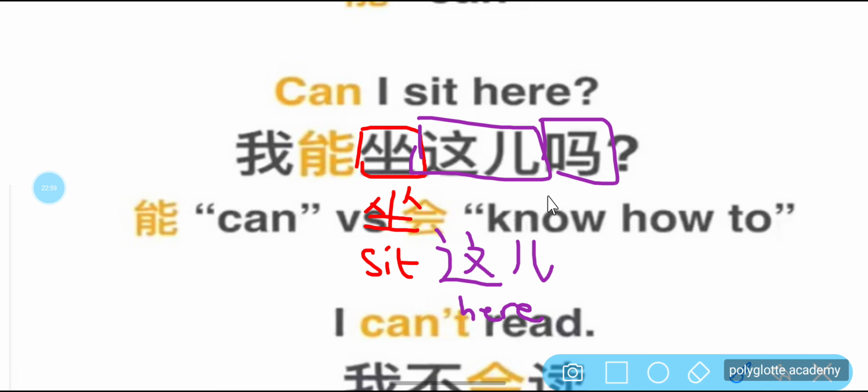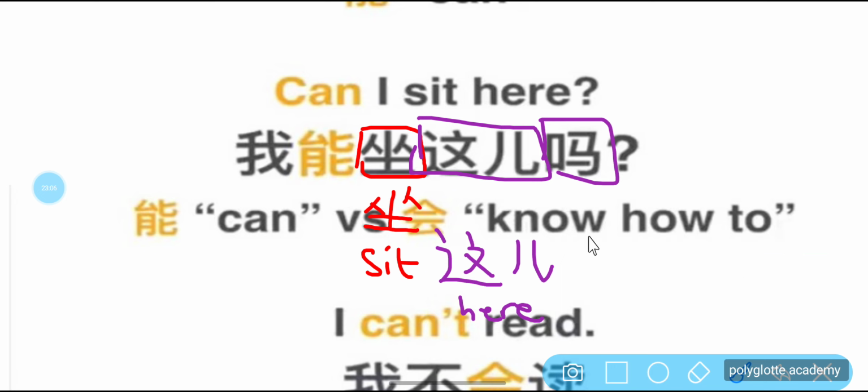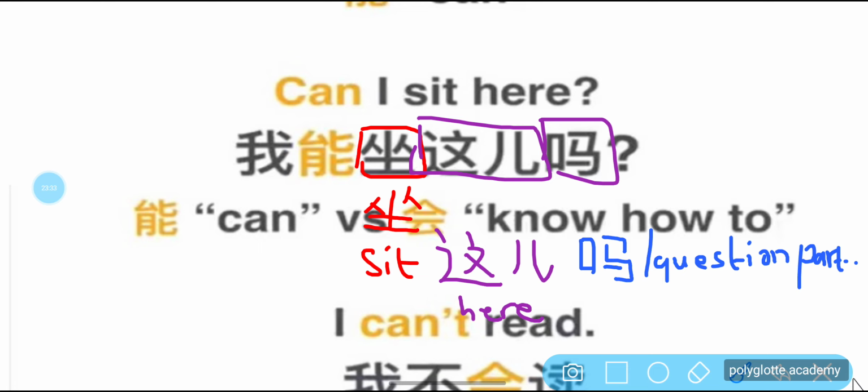Then ma, which is a question particle. So in this case we are going to write the character for ma, which is a question particle.